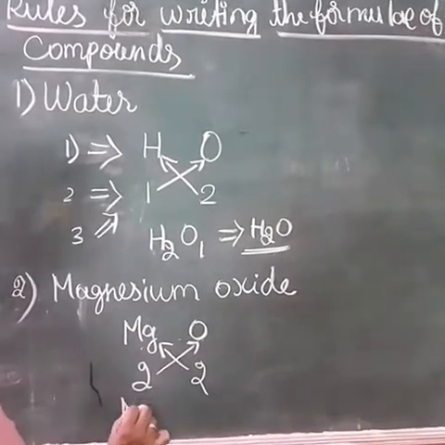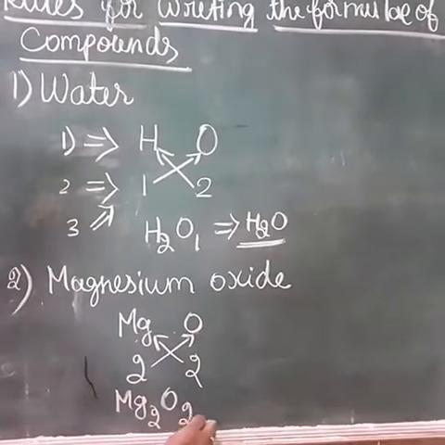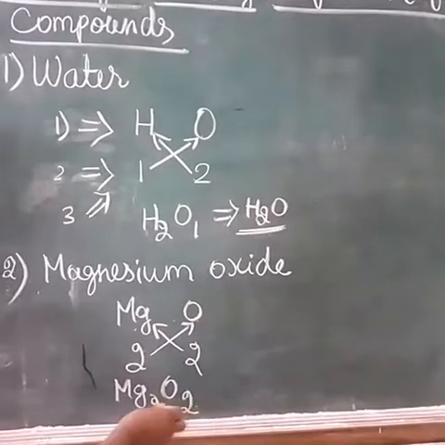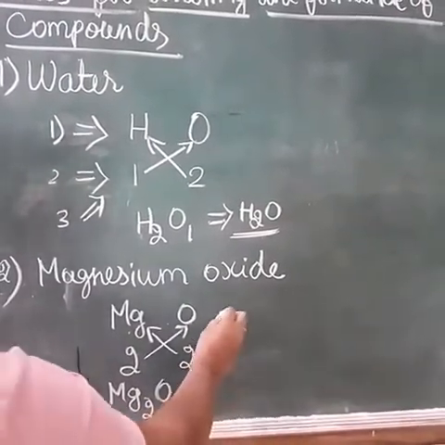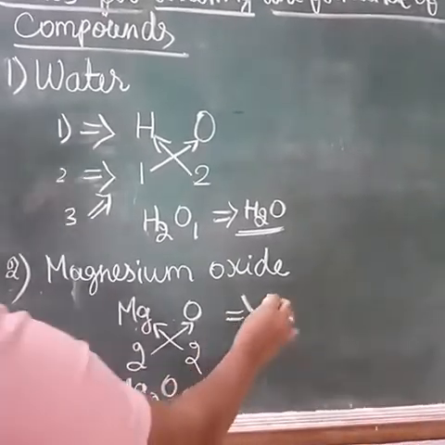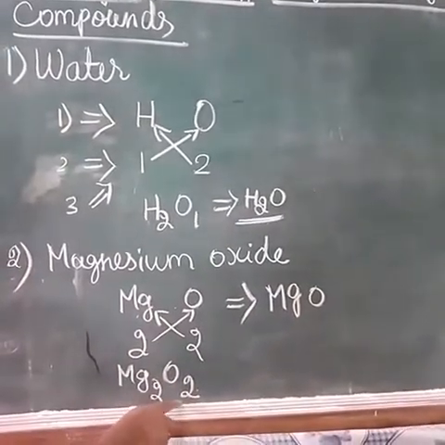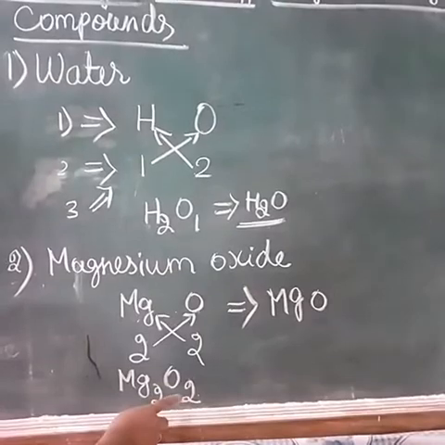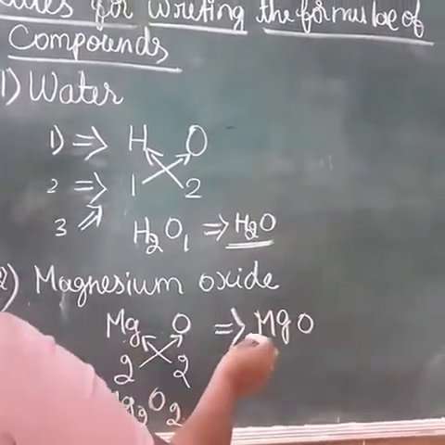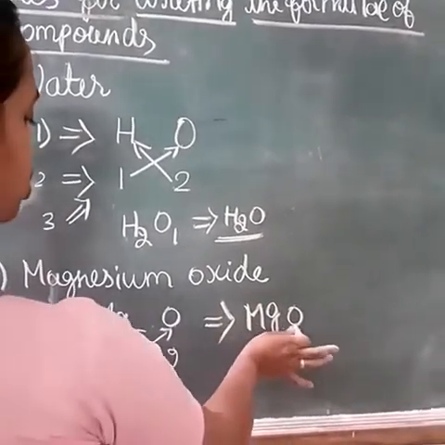That means Mg2 and O2. In this case, the subscript numbers are the same. If the subscript numbers of both elements are the same, you should not write them. Therefore, the molecular formula of magnesium oxide can be written simply MgO.